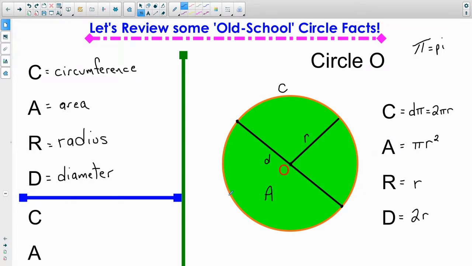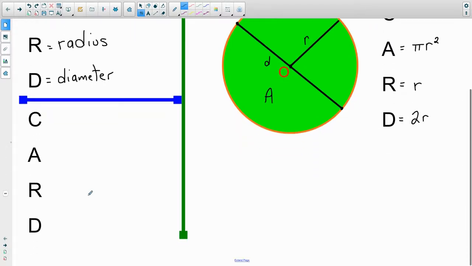Well, here I'm just going to do one quick example. Let's pretend we were given a radius of, say, 7. Then we should very quickly be able to figure out that the diameter is 2 times 7, which is 14. Since our diameter is 14, we would know that our circumference is our diameter, 14, times pi.